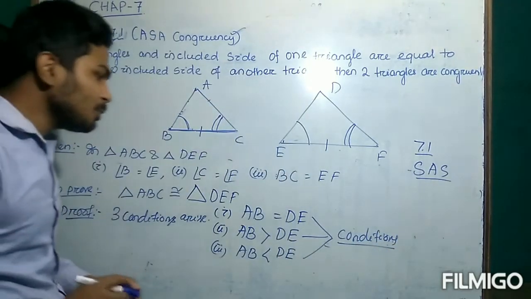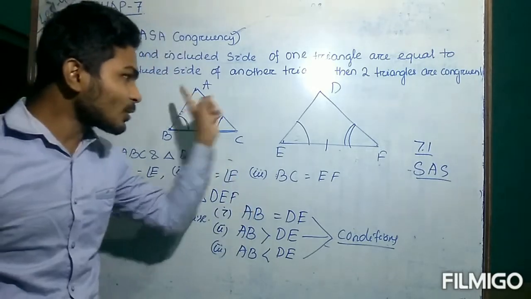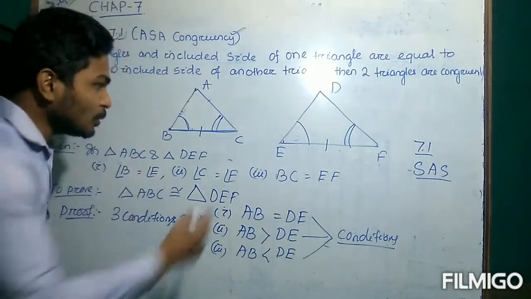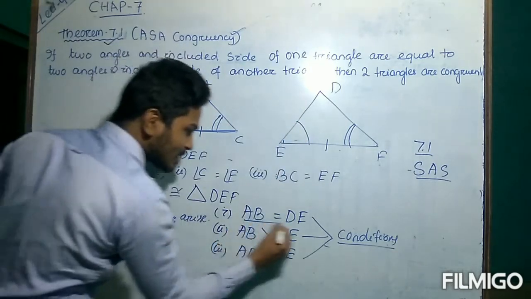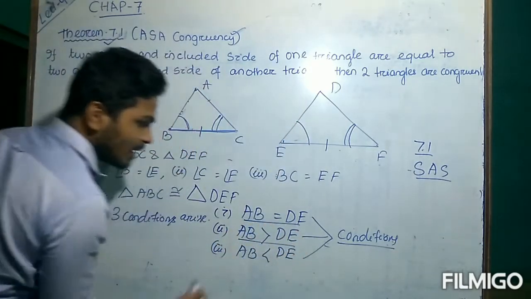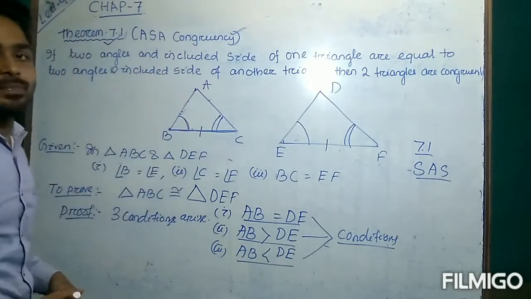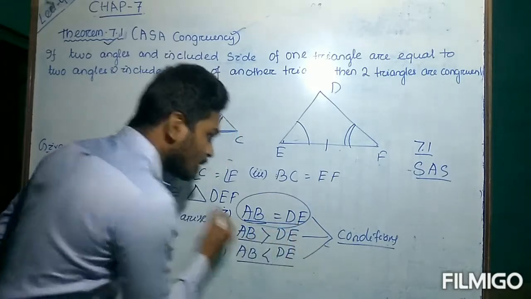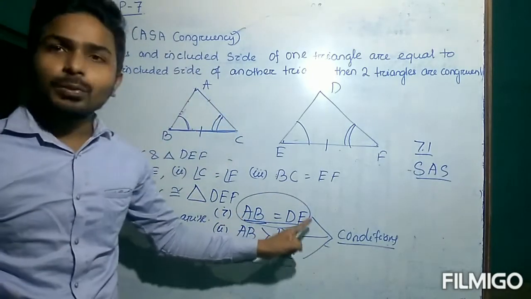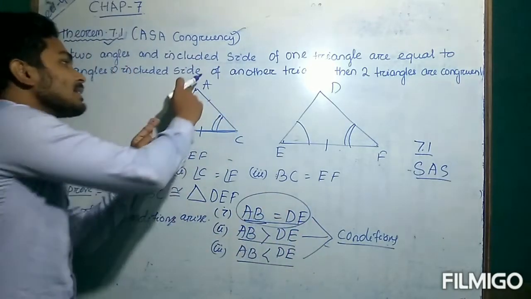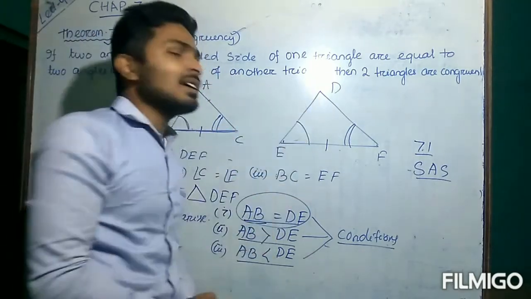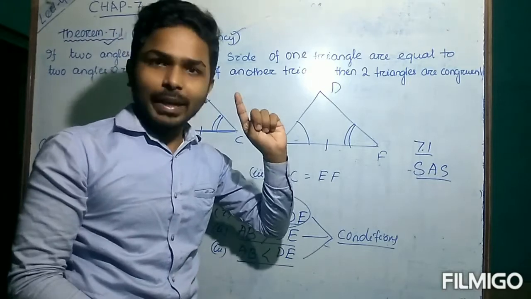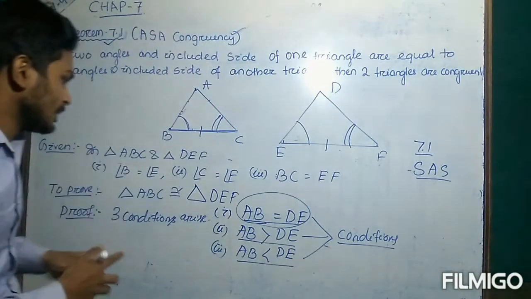So we have to prove that this triangle is congruent to this triangle under each condition individually. Let us start with proving under the condition AB is equal to DE. It means when this side is equal to this side, then we have to prove that the triangles are congruent.